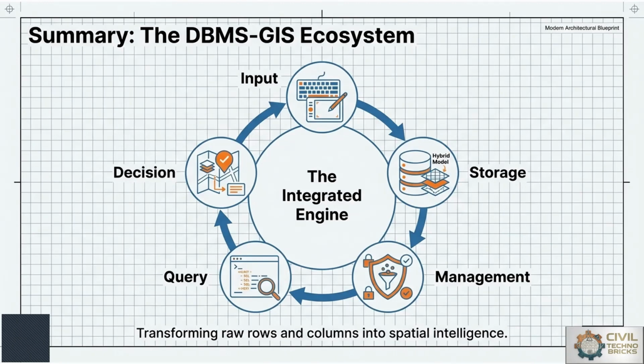The interface layer, often powered by structured query language, allows users to query both types of data simultaneously. In civil engineering management, this means you can perform complex queries like show me all reinforced concrete columns that are located in high seismic zones, or any type of questions or queries we can generate, so that the decision making procedure is more reliable.